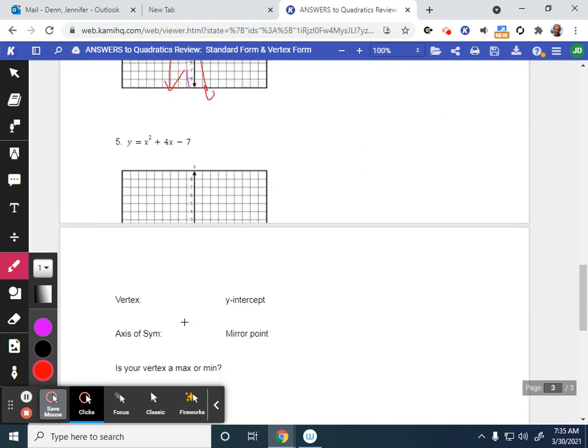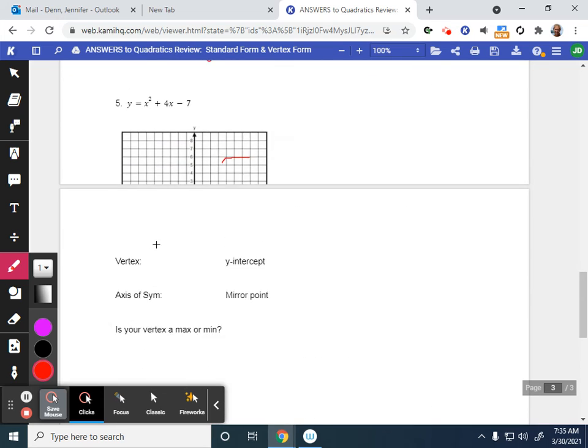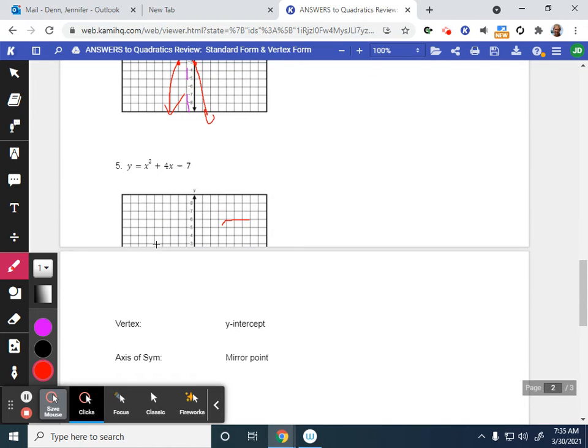All right, number 5. Whoops. All right, that graph's going to be interesting. I'm not sure why the thing ended up looking like this, but let's see. So we have A is 1, B is 4, C is -7. So the x value of the vertex, x equals the opposite sign of B over 2 times A. So -4 over 2, which is -2.